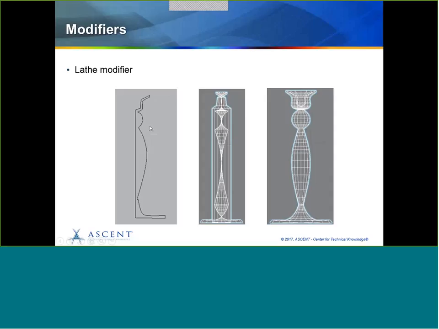Then the lathe tool was applied to the profile. So I have applied a lathe tool to this profile. The profile revolves around a center point, but in the middle picture here, you can see that the alignment is off. Although it's still revolving around the center point, this center point is overlapping. So the alignment is off.